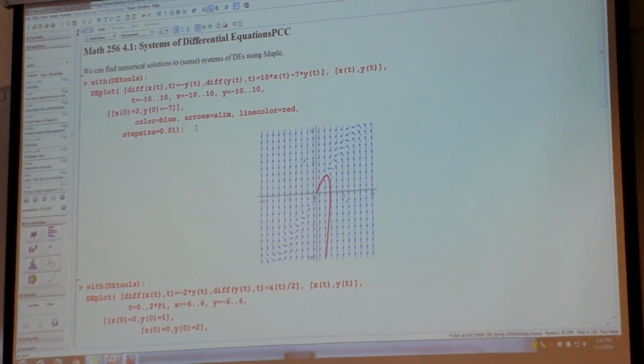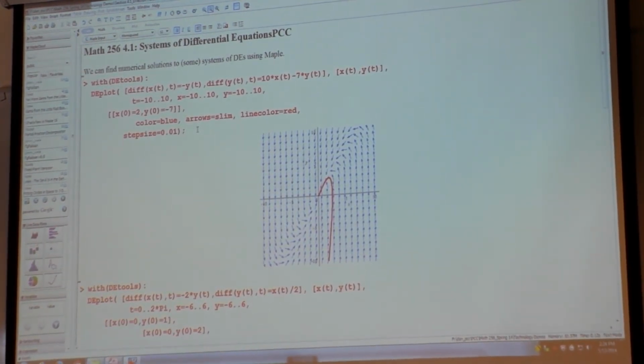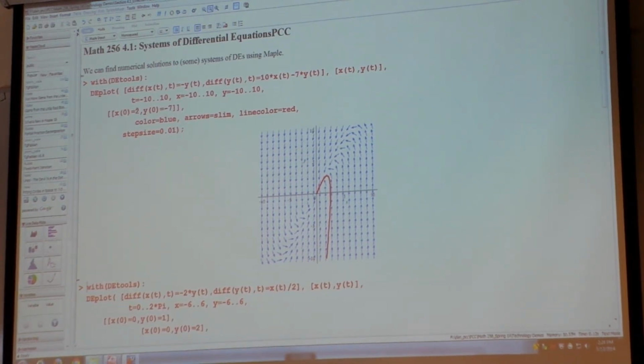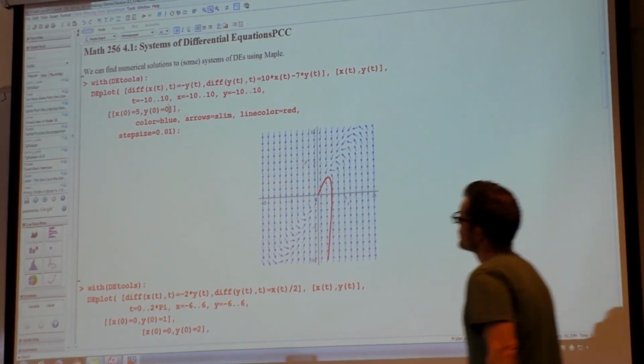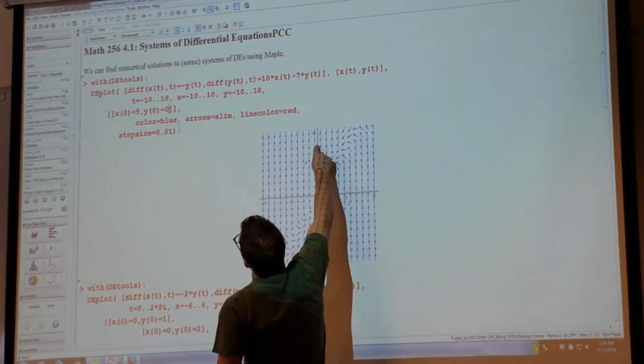Okay? We could also change that. Say at time 0, the x coordinate is 5, and the y coordinate is 0. Where is this going to start? Does it start at the point 0, 5?